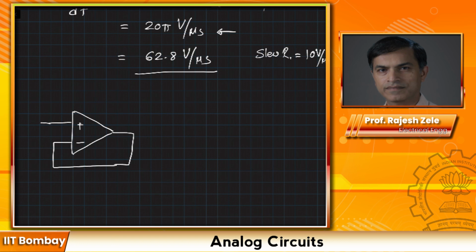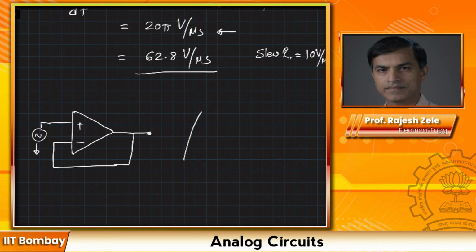We are applying the input voltage here, and this is our output voltage. The input voltage looks like this. The slope at these points is going to be 62.8 volts per microsecond.